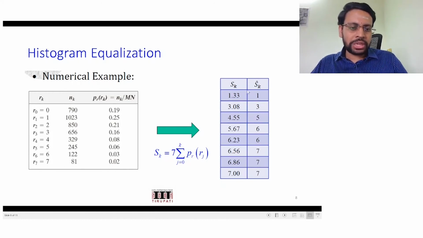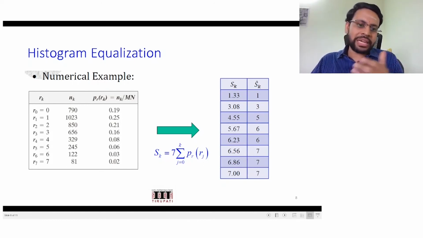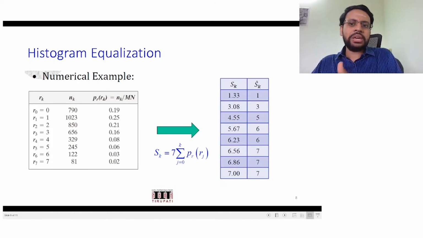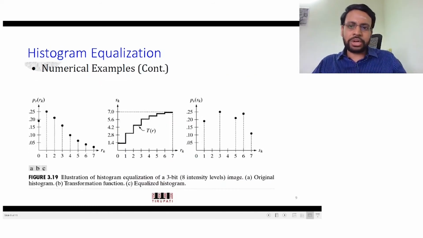So now 0 is getting mapped to 1, 1 is getting mapped to 3, 2 is getting mapped to 5, and 3 and 4 are getting mapped to 6. Notice here, because of these round off errors. Similarly, the last 3 values are getting mapped to 7. With that, you could also realize that the number of peaks or number of values that you would be getting could also reduce as you are applying histogram equalization.